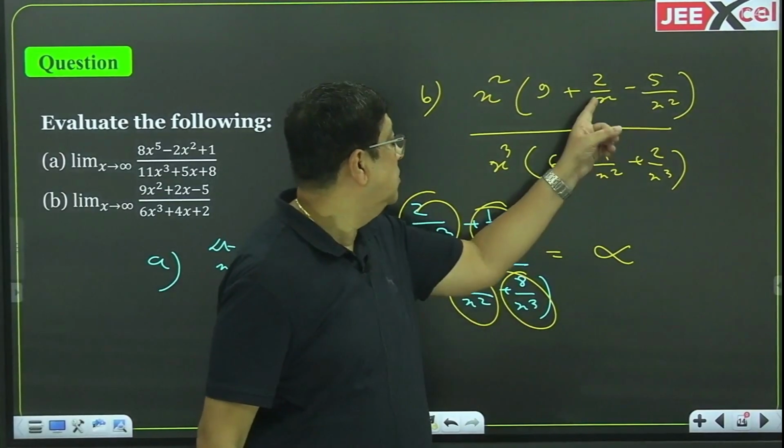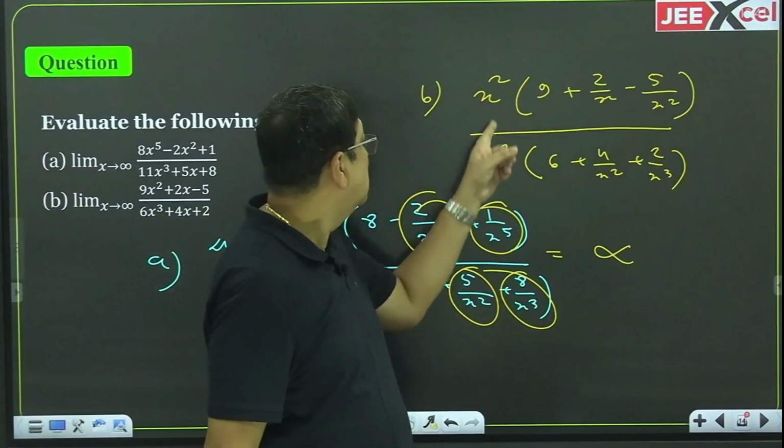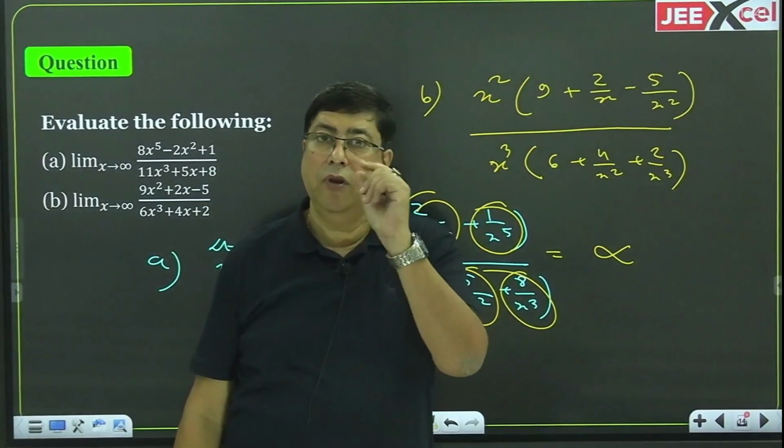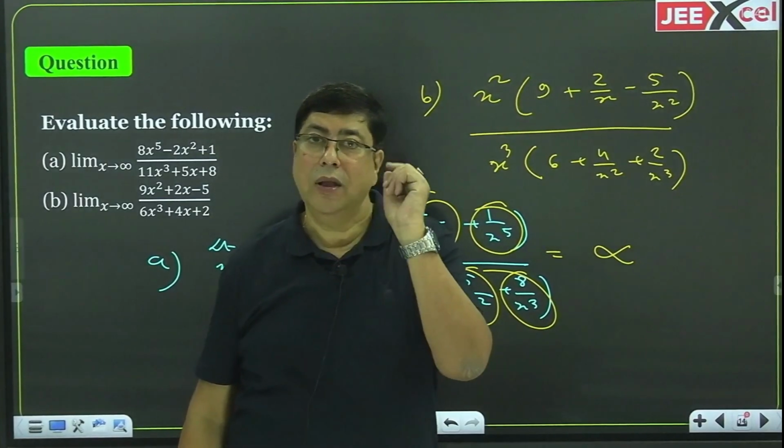So this is 0, this is 0, this is 0, this is 0, and this is x square by x cube. So in the denominator there is 1 x, x tends to infinity, so 1 by a very big number is coming to be 0.